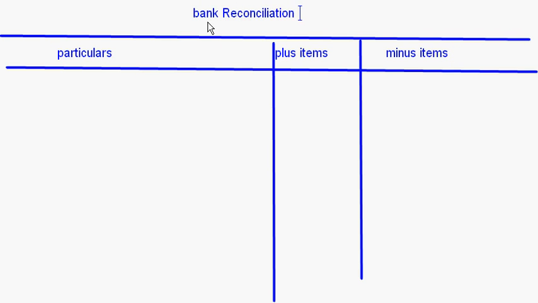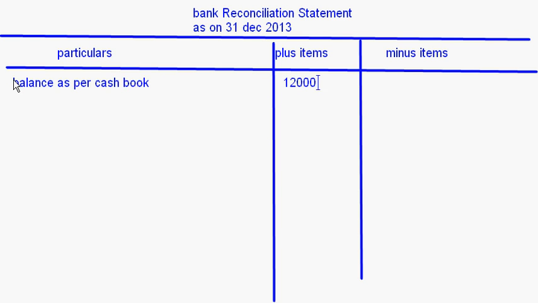So for the bank reconciliation statement, again you will write "as on" whatever date you want to prepare it on. And here you'll write balance as per cash book. This is a favorable one, it will come here, 12,000, and then you will start writing the items.